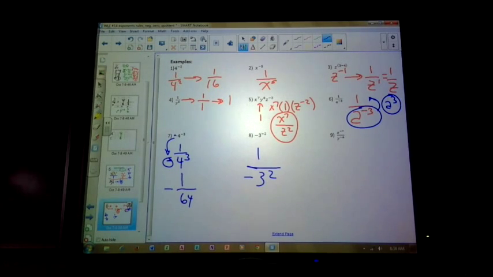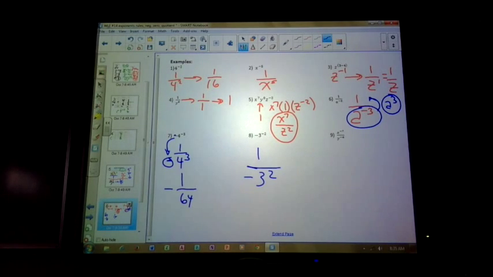Is this a goofy kind of problem? Should that be a negative answer or a positive answer? Somebody have a calculator out? If you have one out, type in negative 3 and square it on your calculators. Negative 1 over 9.